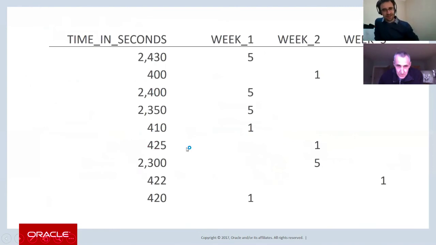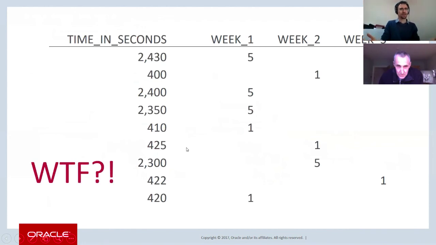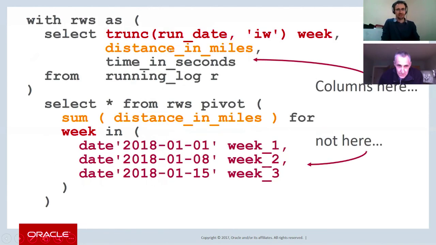And this is the first thing that tends to catch people out with pivot. They look at this and just go, what on earth is going on here? Why have I got all these time in seconds values down here? We got the nice 3 columns we wanted, but why are they not summed up? Why have we got 1 row for each of our inputs still? So let's look at our query. Now notice we've got the time in seconds in our subquery.